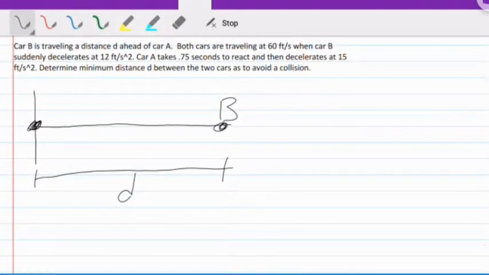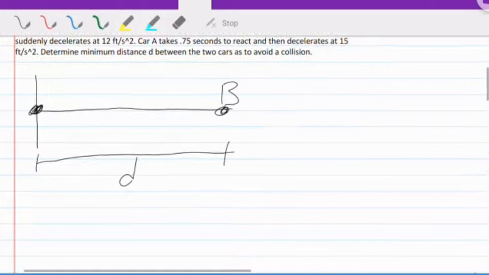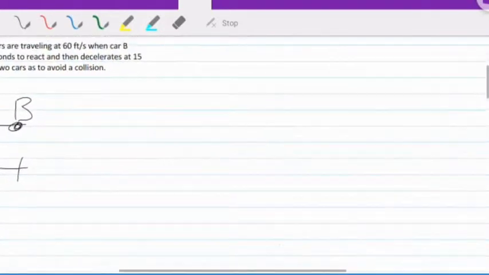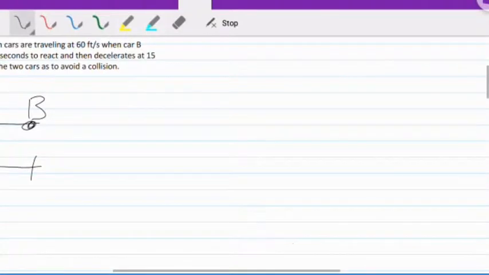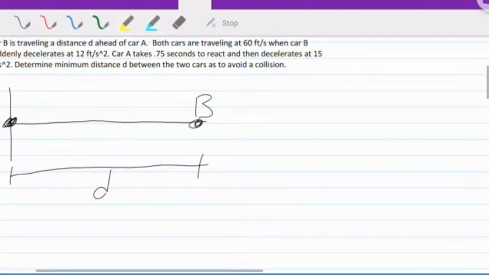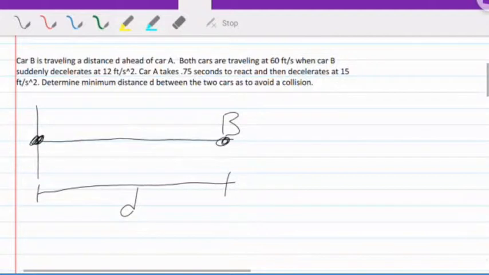So the first problem with this statement is we need to determine exactly what's going on with these two cars. Car B all of a sudden decelerates at 12 feet per second squared. Car A takes 0.75 seconds to react, and then he decelerates at an even greater rate, 15 feet per second squared.